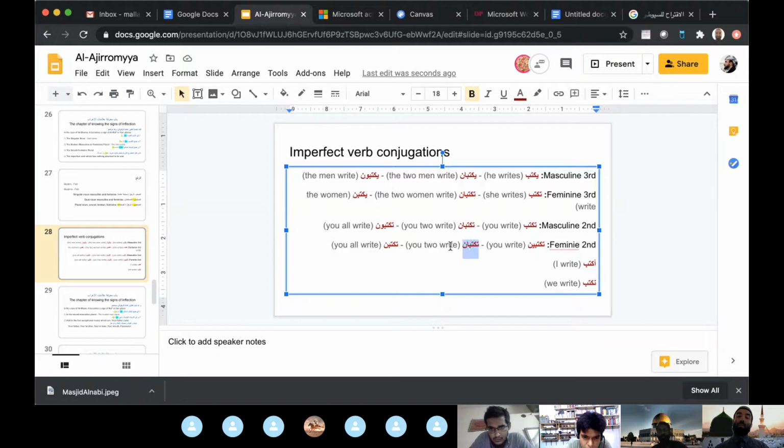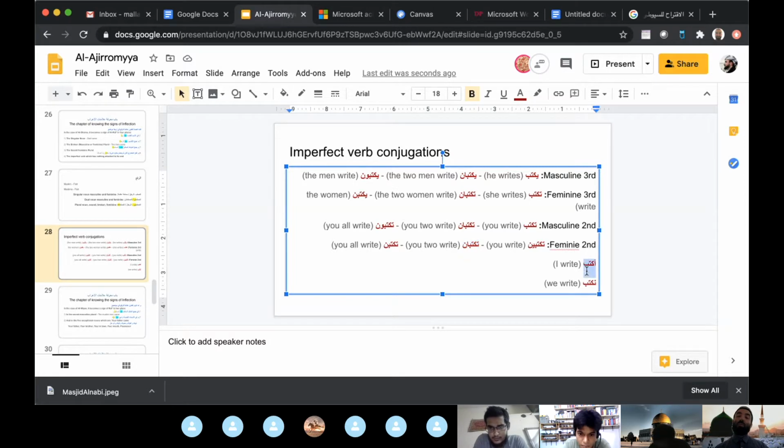Taktubani, nothing changes here. You two write. So again, how do you know whether you're talking to two females or two males? Based on the context, you'll know who you're talking to. And then taktubna, this is for a plural, a group of females. If you're talking to a group of females, you say taktubna, meaning you all write.